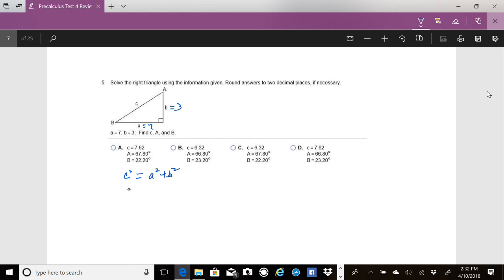So C squared is equal to 7 squared plus 3 squared equals 49 plus 9 equals 58. So C is the square root of 58. If you calculate this to 2 decimal places, it will be 7.62.